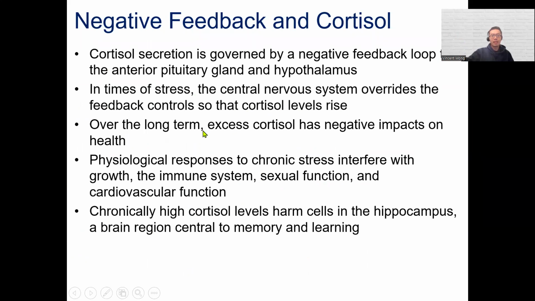And what happens is it can interfere with growth, with the immune system, sexual function, cardiovascular function. And it's not difficult to understand why, because you're taking away all these proteins that have perhaps other functions in the body, and you're burning them as resources. Maybe you're burning some of the complement protein, let's say, so that could interfere with your immune system.